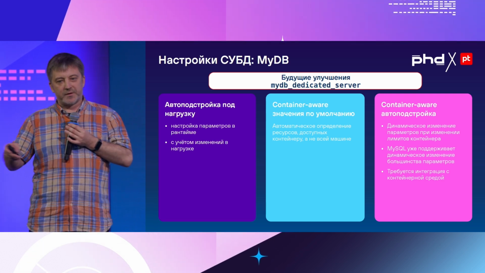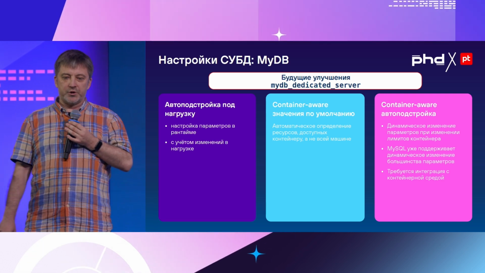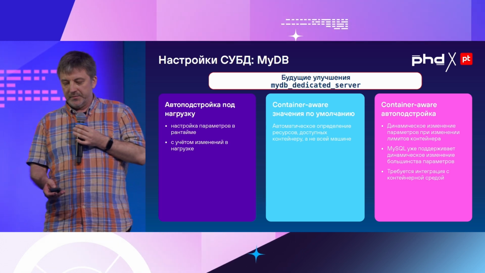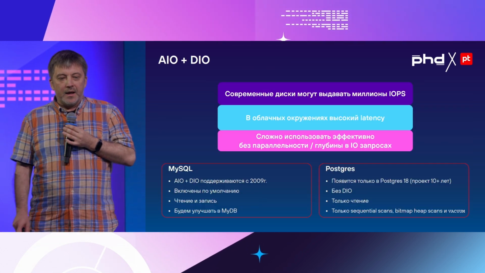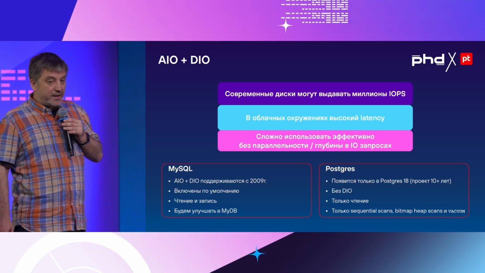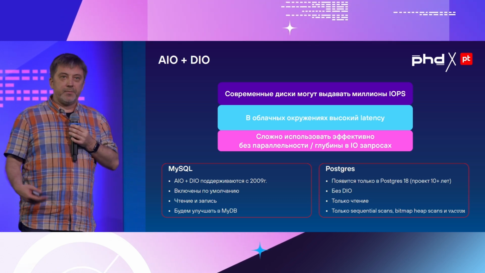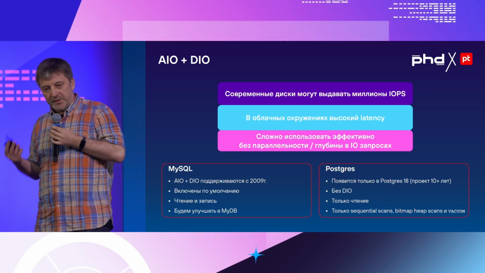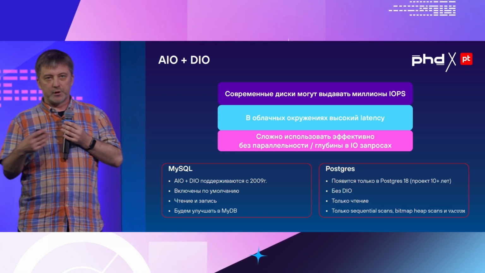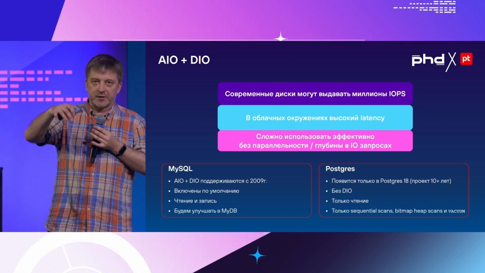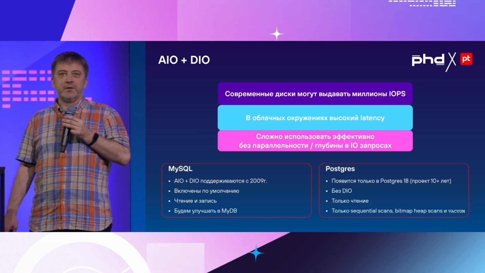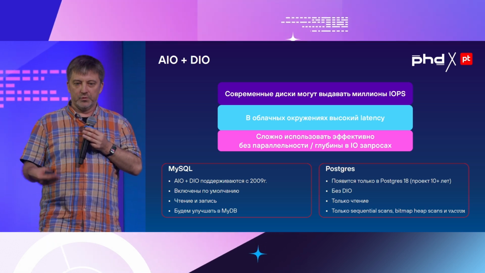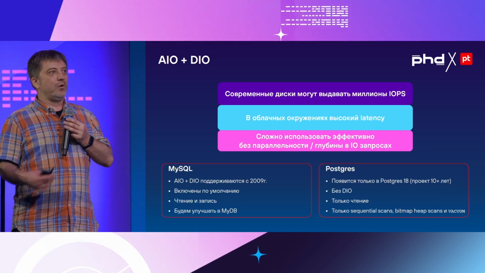And the next phase, in the case of dynamic changes in the containers, we also plan to make that automatic setup container aware. Another thing is asynchronous I/O and direct I/O. So what I'm talking about, modern drives and databases can show fantastic performance, millions of IOPS.